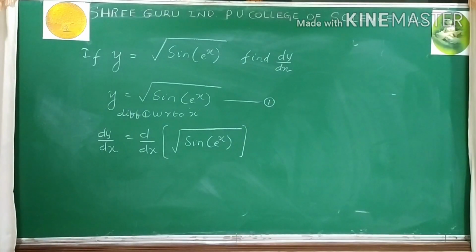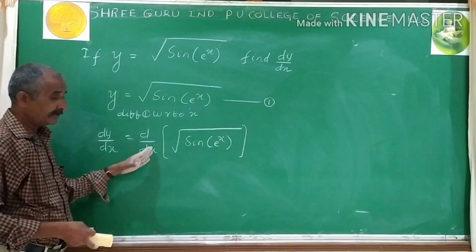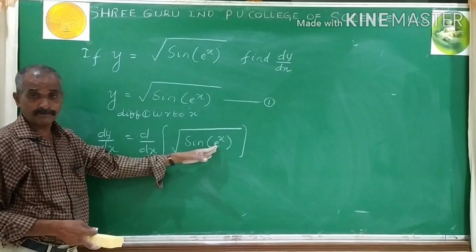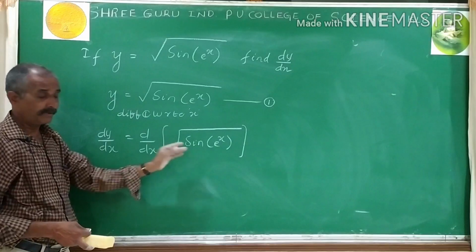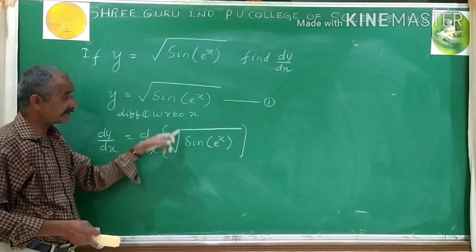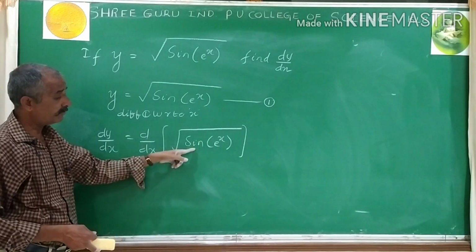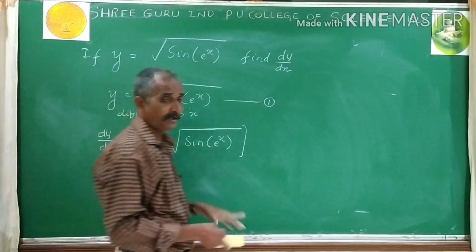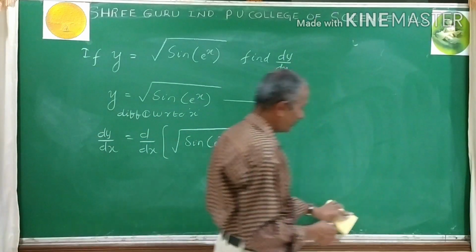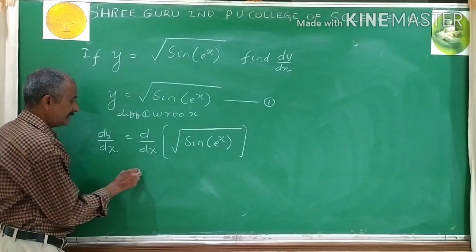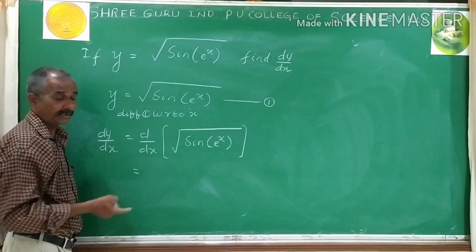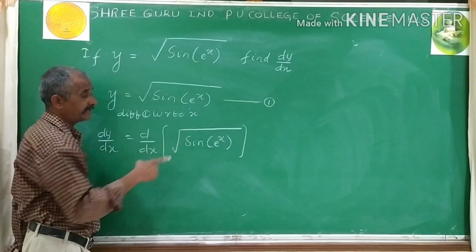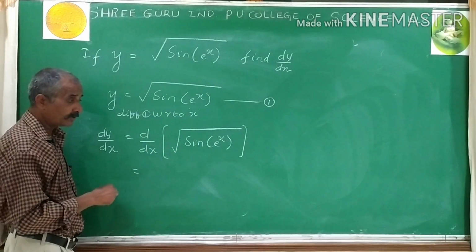One more thing, keep in mind that suddenly you can't come to differentiation of e power x, suddenly you can't come to differentiation of the sine function, because our first occurring function is square root, followed by sine, followed by the e raised to x function. So let's recall, it is just like root x. So by the formula list, differentiation of root x is 1 by 2 root of x.